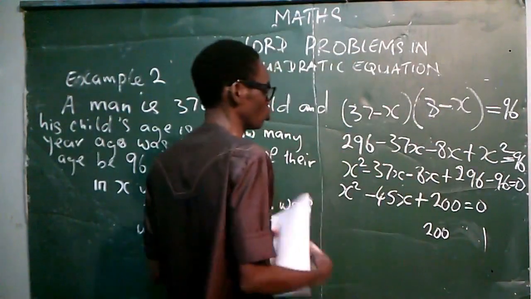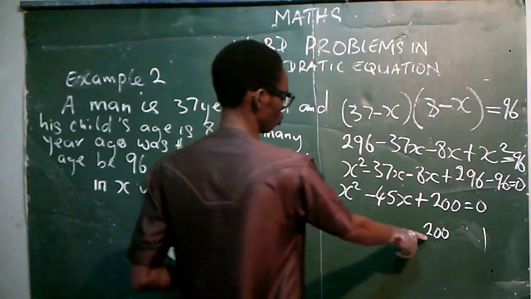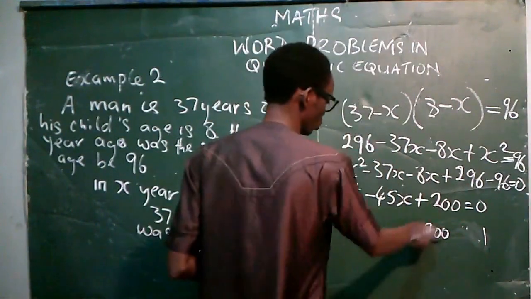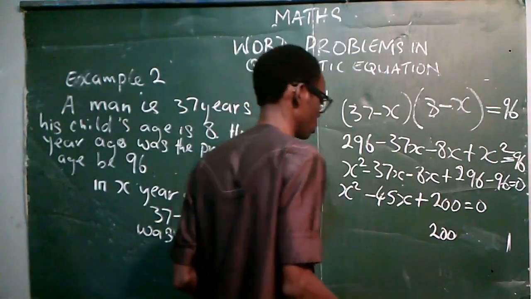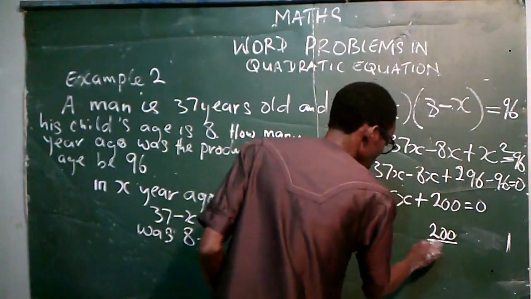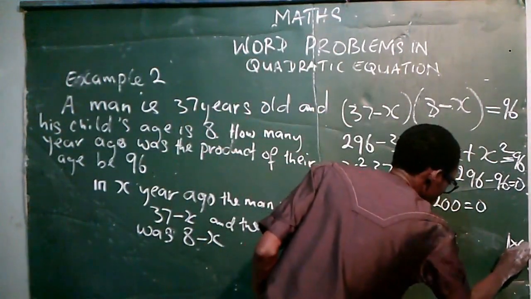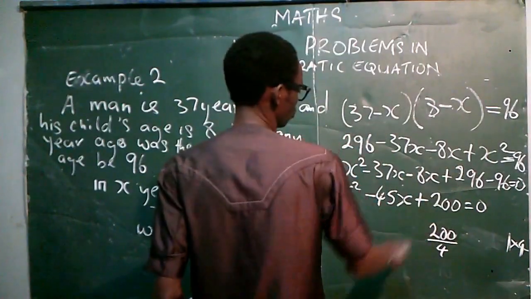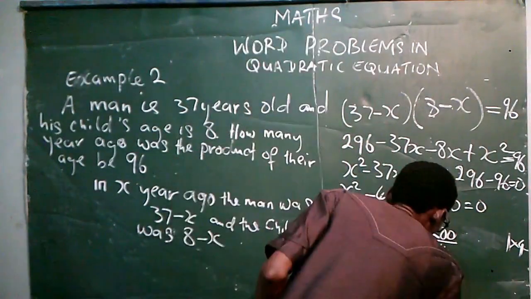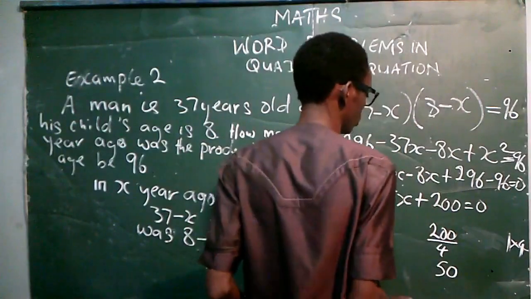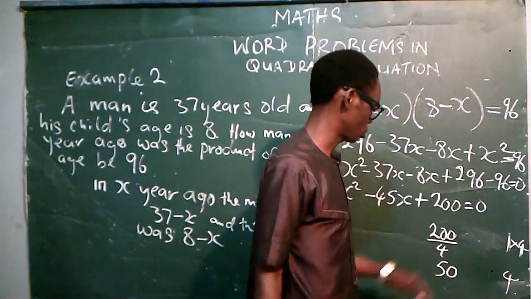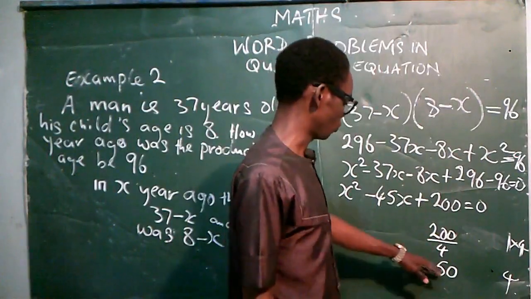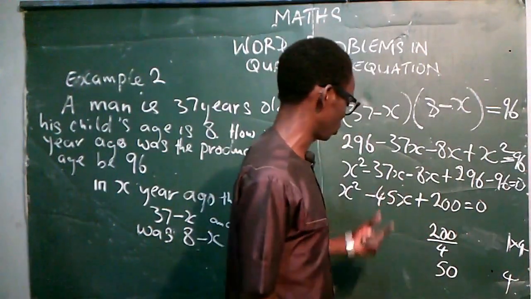Start with 1. 200 times 1 is 200, but 200 minus 1 cannot give you 45. Okay, let me try 4. 200 divided by 4 will give me 50. 50 times 4 is 200, but 50 minus 4 cannot give me 45.